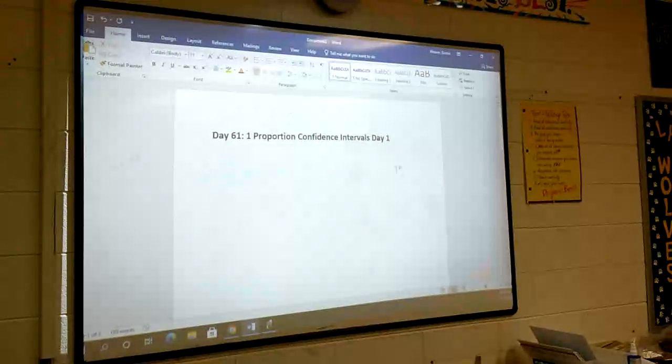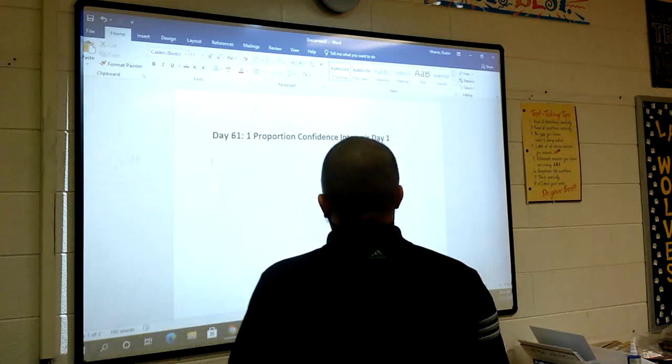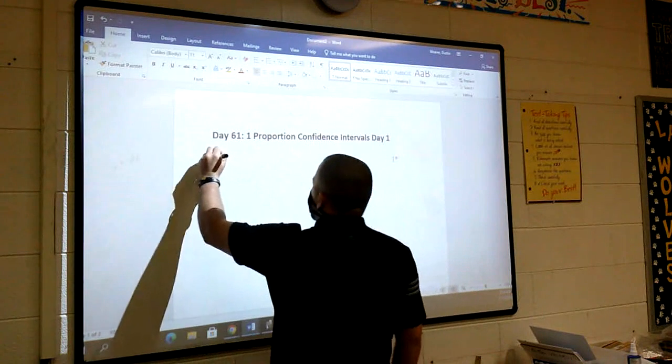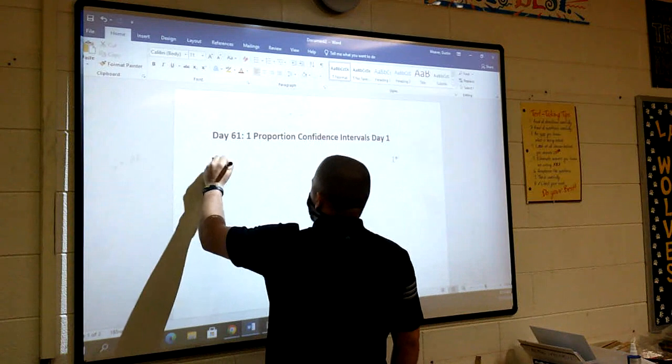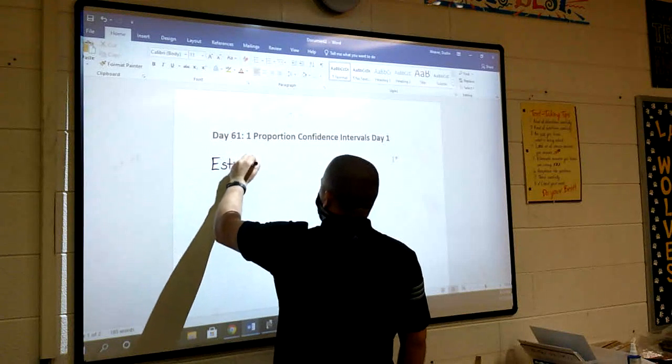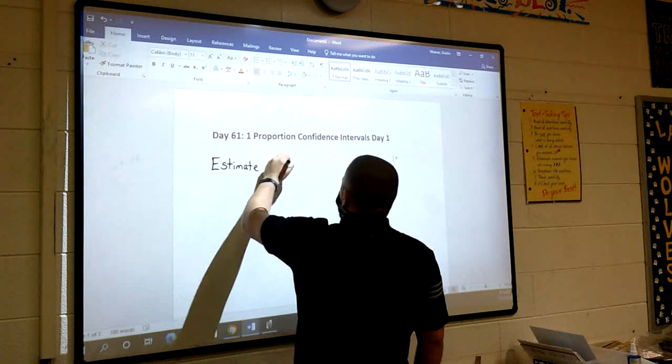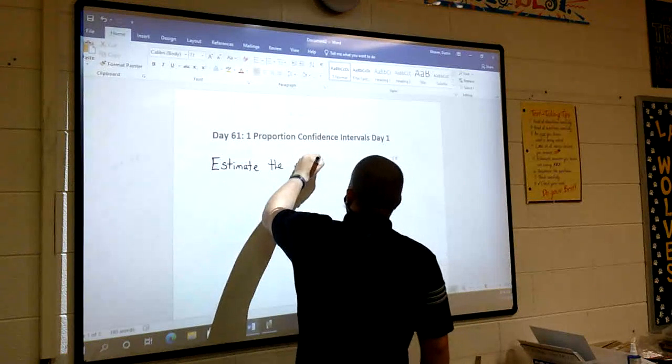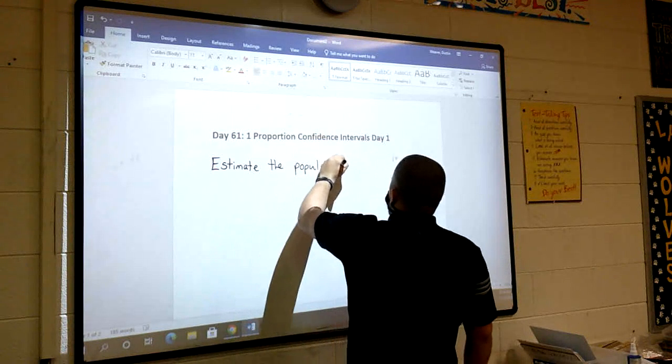Okay. So 1 proportion confidence intervals, couple things that you need to know. First of all, you need to know what the interval actually looks like. So we use this, there's a reason for this. We use this to estimate the population proportion.